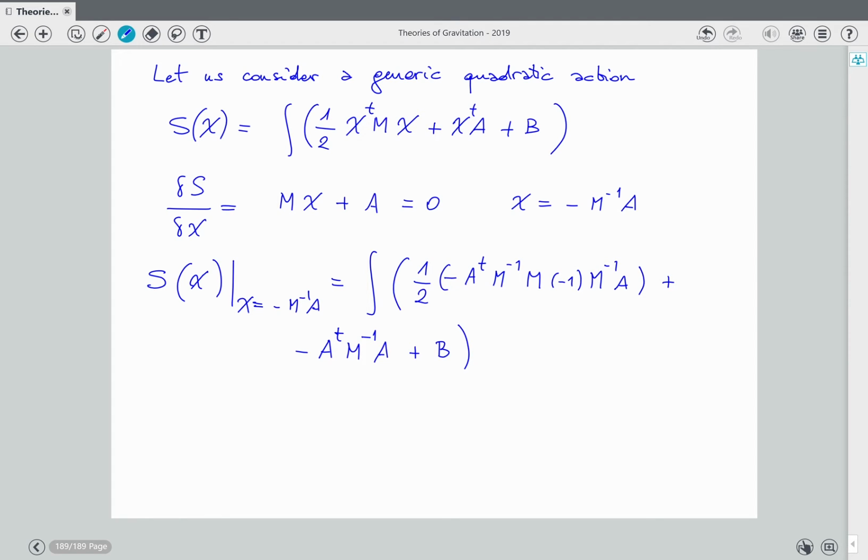So you see that here, M minus 1 and M gave 1, minus and minus gave 1, and so you have 1/2 A transpose M minus 1 A, which is exactly that one. And therefore, in total, you have minus 1/2 of that.